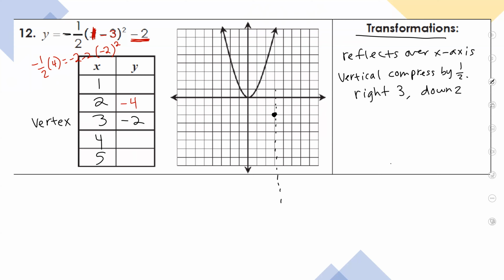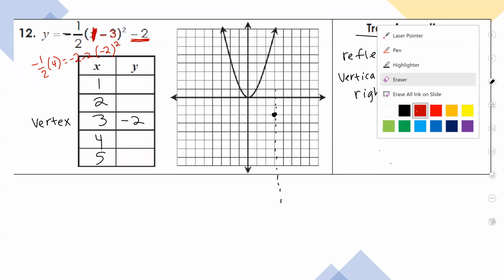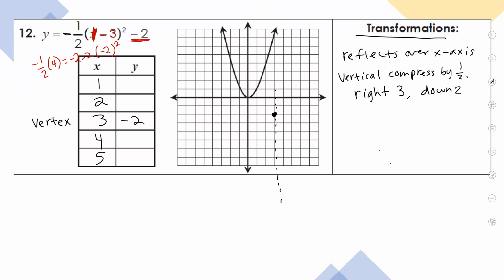Okay, so when we plugged in a 1, we got -4. So 1 goes with -4. All right? So when I graph this, I know at 1, it'll be down here at -4.